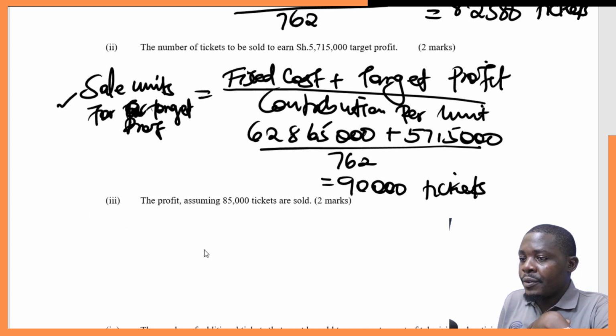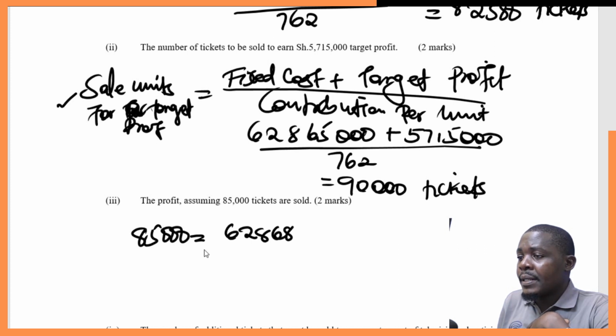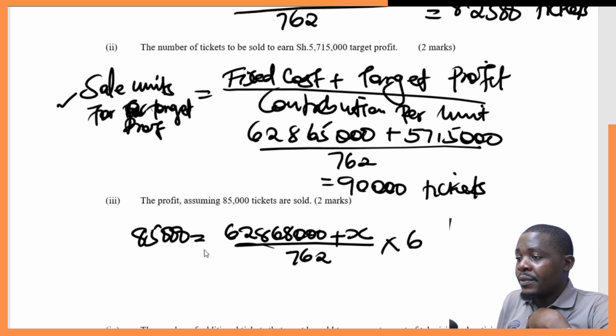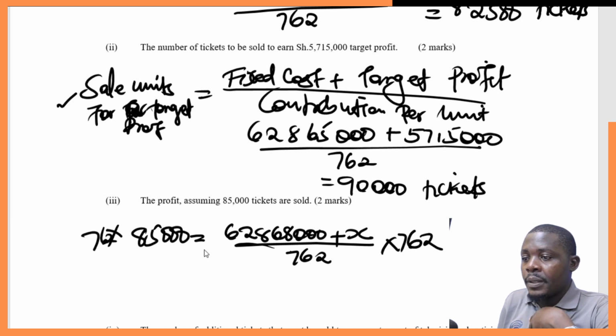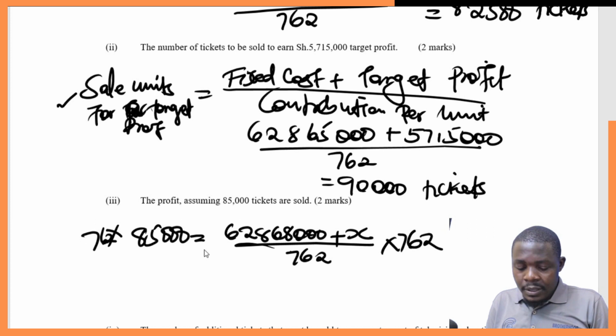Now we are just going to equate to 85,000 units. That is, tickets is equal to fixed cost, 62,868,000 plus X, that is the profit, over 762. We can determine the value of X. In that case, 762 multiplied by 85,000.